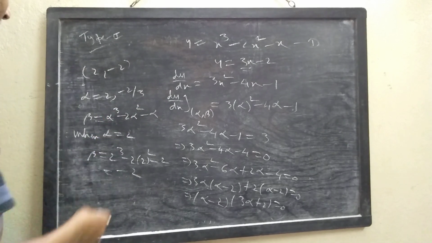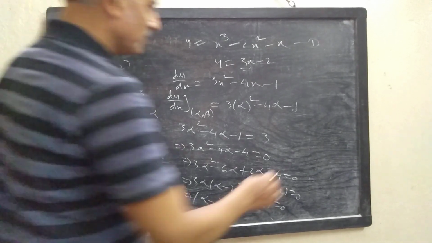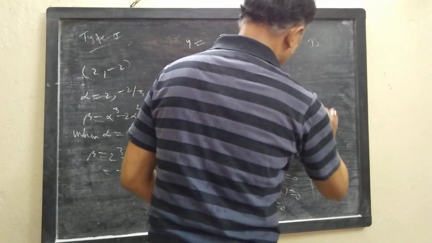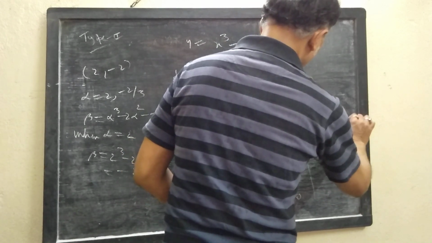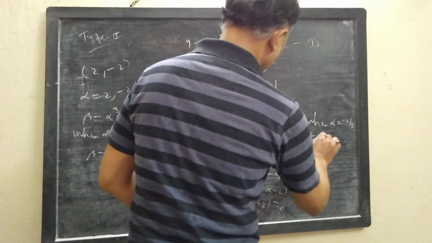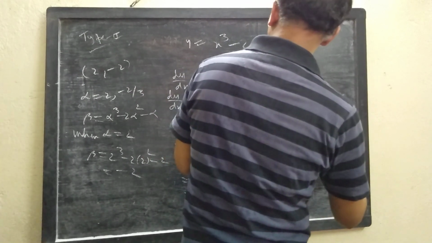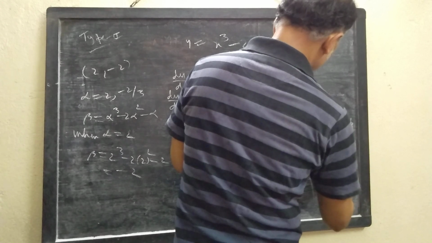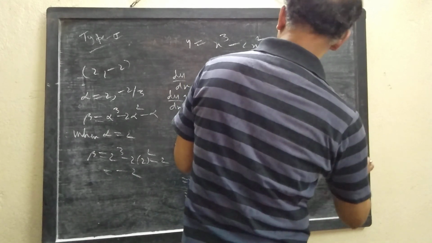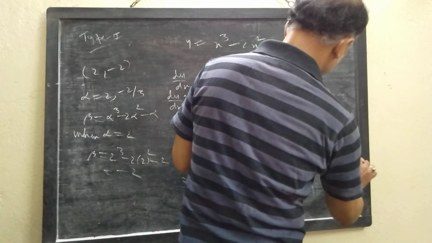Next, for alpha equals minus 2 by 3, when alpha equals minus 2 by 3, then beta will be equal to (minus 2 by 3) whole cube minus 2 into (minus 2 by 3) whole square minus (minus 2 by 3).